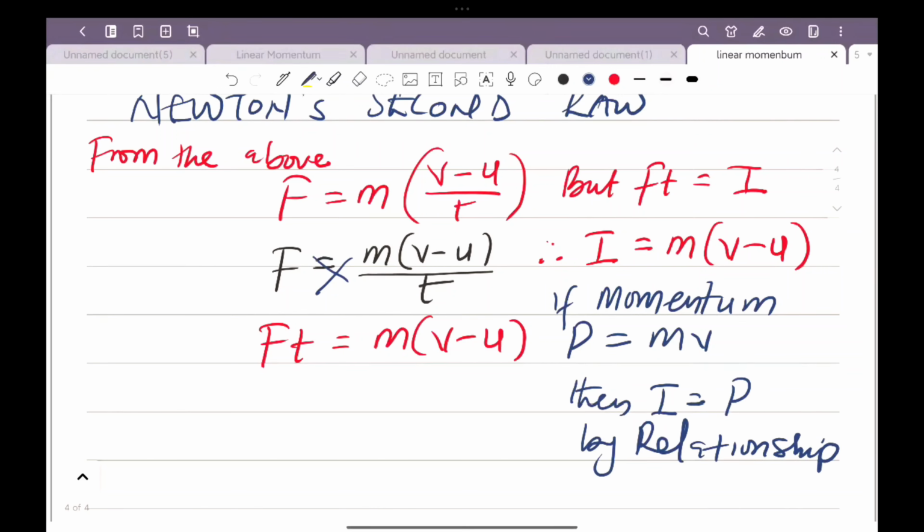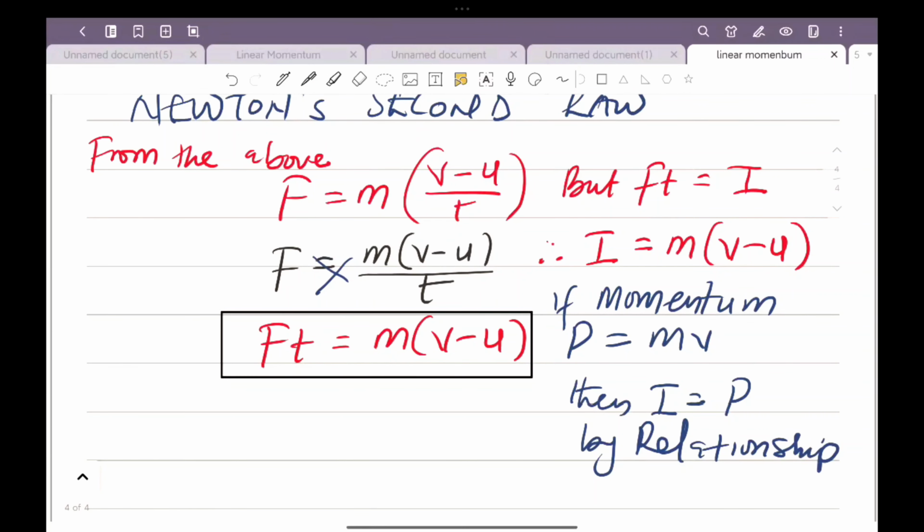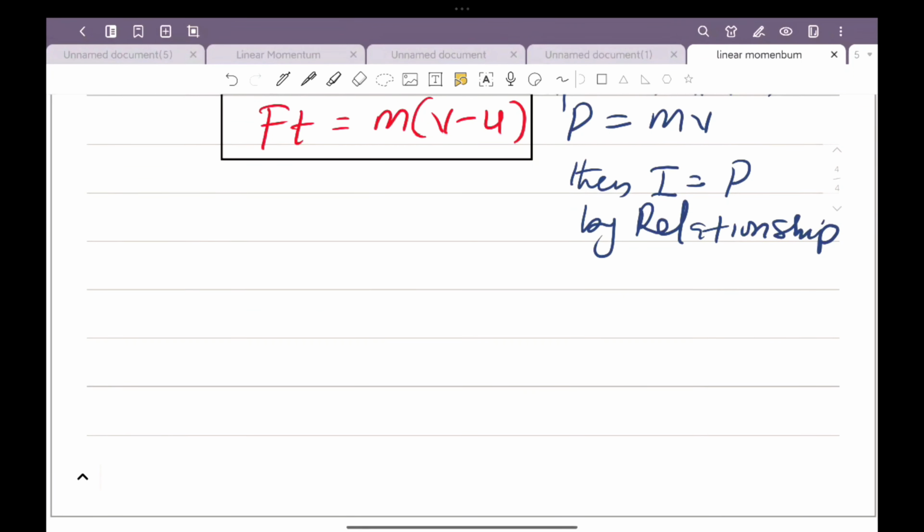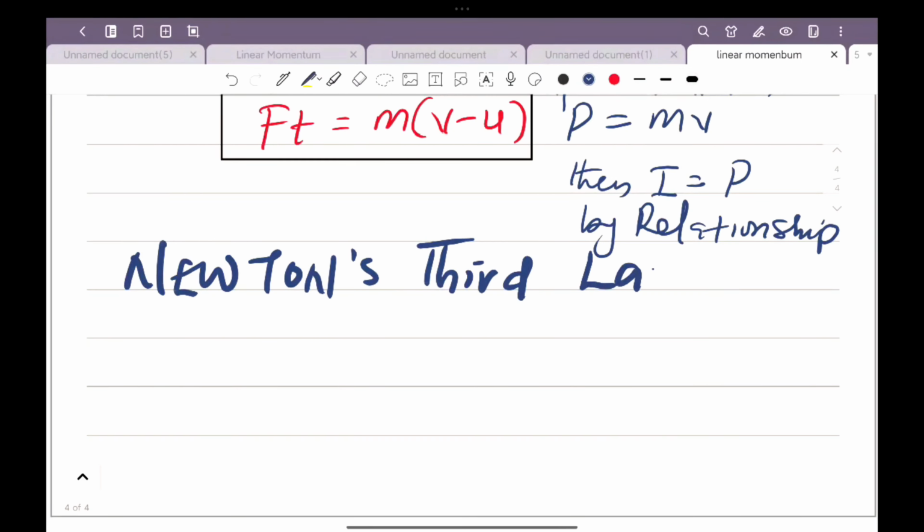I hope that is clear to you. Please take note of what I did here. Is that clear? So take note of this equation, very important. This one too, very important. I'm highlighting them so that you understand that when solving mathematical problems in physics, you need most of these equations. Then finally, Newton's third law of motion.